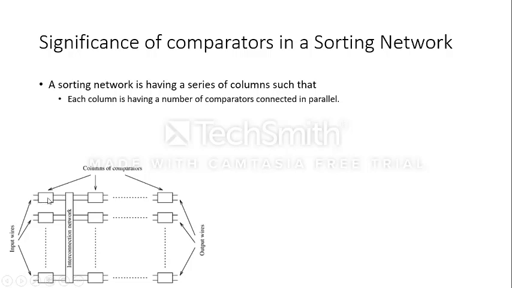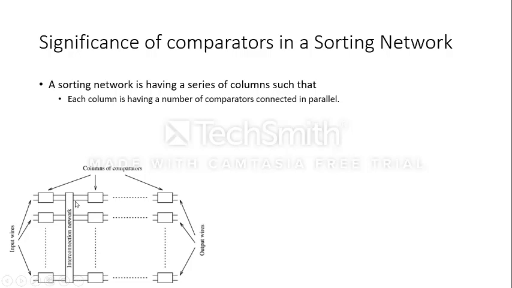From these two bytes some input is given, and these two bytes hold the output, which is given towards this interconnection network. Now, what is this interconnection network? It is basically the topology on which this algorithm is executed.